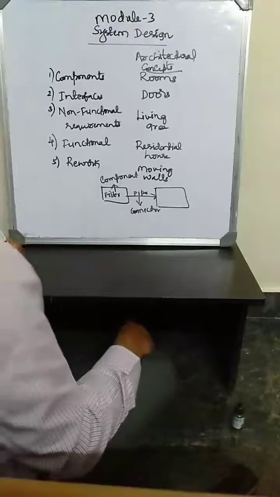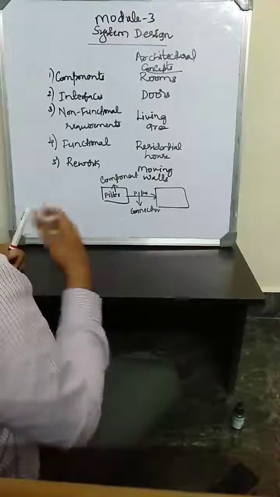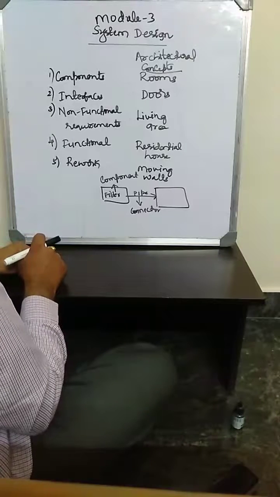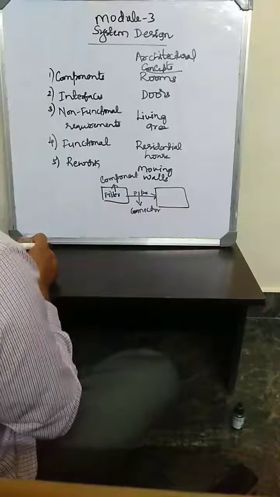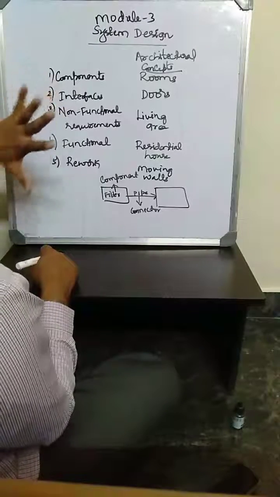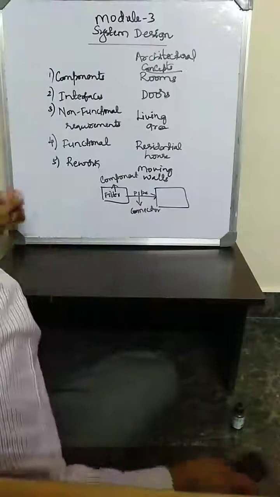So that is why we say it is one kind of moving walls. So these are some of the architectural aspects that we understand, and it is mandatory with respect to the metrics. By having such metrics, you may derive the architectural concepts.